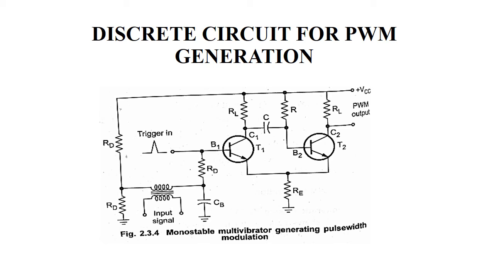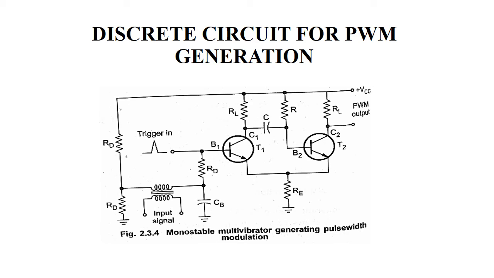Then the voltage at C is determined by the supply voltage. Then, by the RC time constant of the charging network, the base of T2 will become sufficiently positive to switch T2 on. At last, the transistor T1 will switch off by regenerative action and stay off until the arrival of the next trigger pulse.